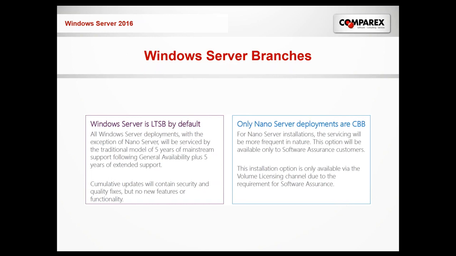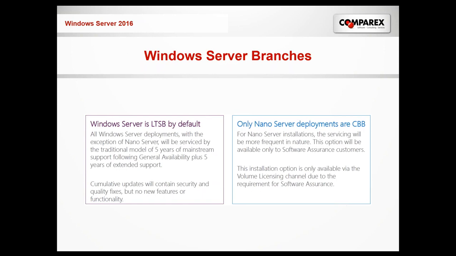There are two branches to choose from, but unlike Windows desktop operating system, one of the features on the server demands a particular branch. Long-term service branch is the default option for Windows Server 2016 when installing the server with the complete desktop experience and the server core, but you have the option to install a scaled-out edition called Nano Server, which is new in this version and used for administration purposes.